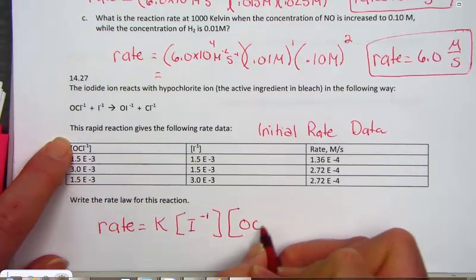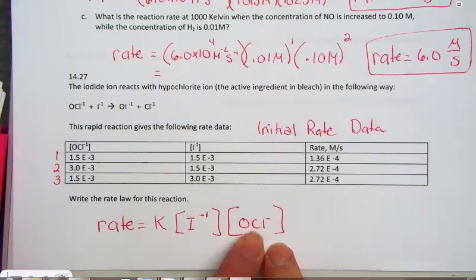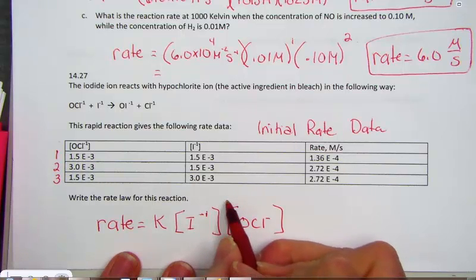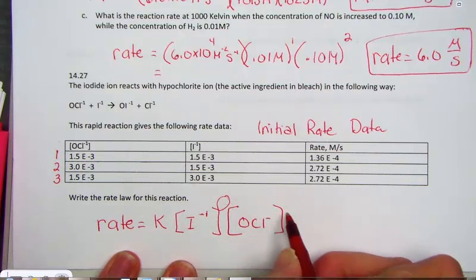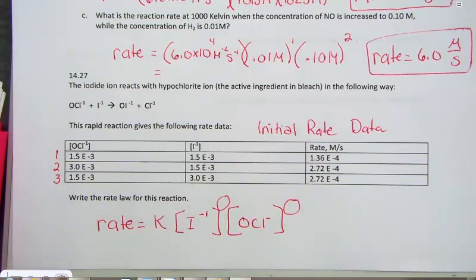I'm going to write them in reverse order, but that'll be fine. I negative came from this column, OCl came from this column. You may certainly have written them in the opposite order. But what we're trying to solve for is the power to which we raise those. So I negative raised to some power, OCl raised to some power, and this data helps us figure out what order these concentrations affect the overall rate.